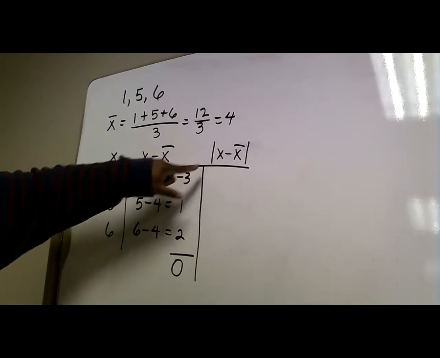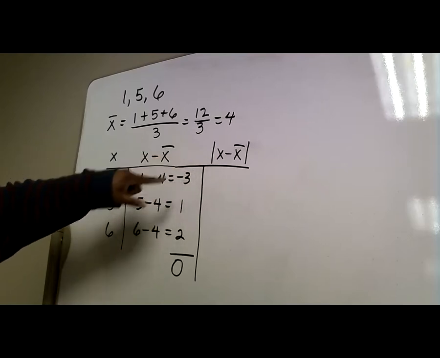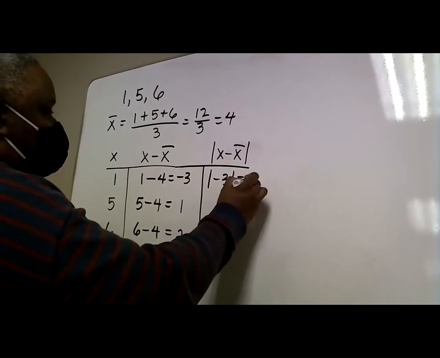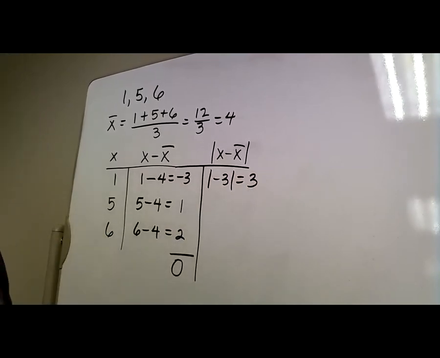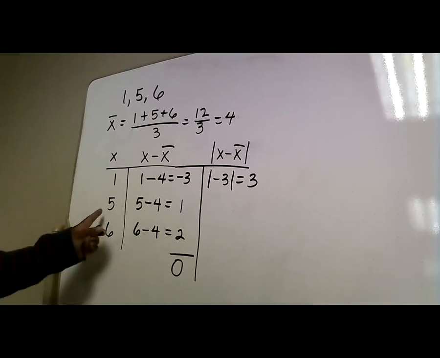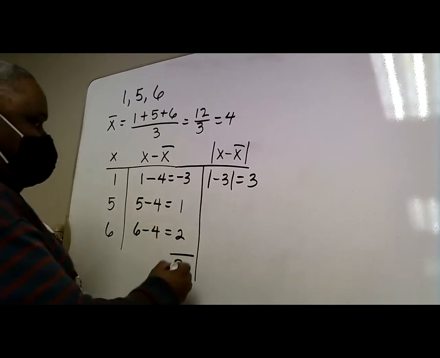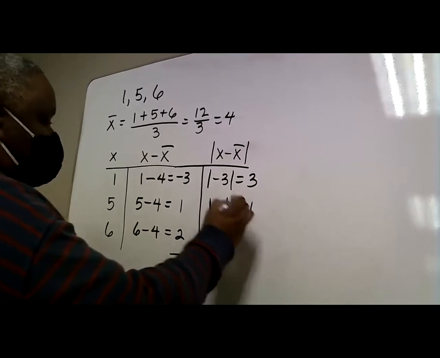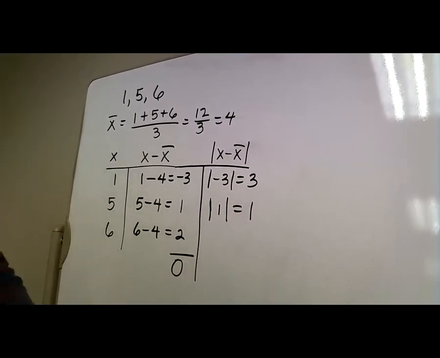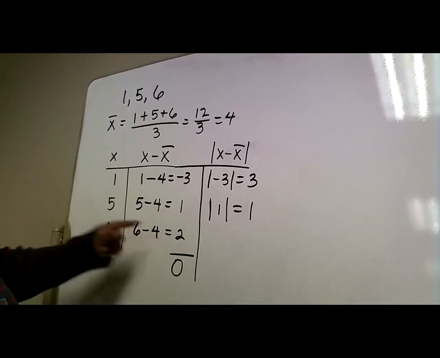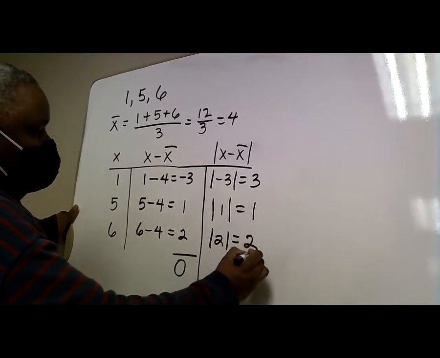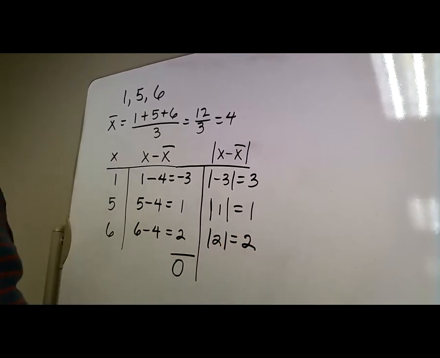The absolute value of -3 is going to end up being 3. And then for 5, I came up with the deviation of 1, and the absolute value of 1 is just 1. And then for 6, I came up with the deviation of 2, and the absolute value of 2 is 2.